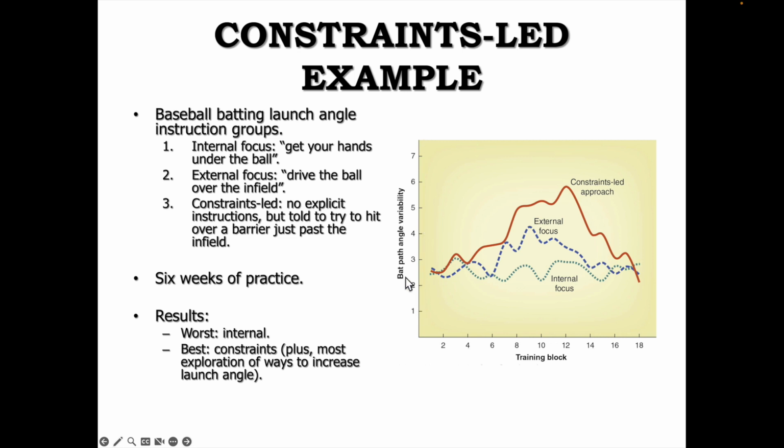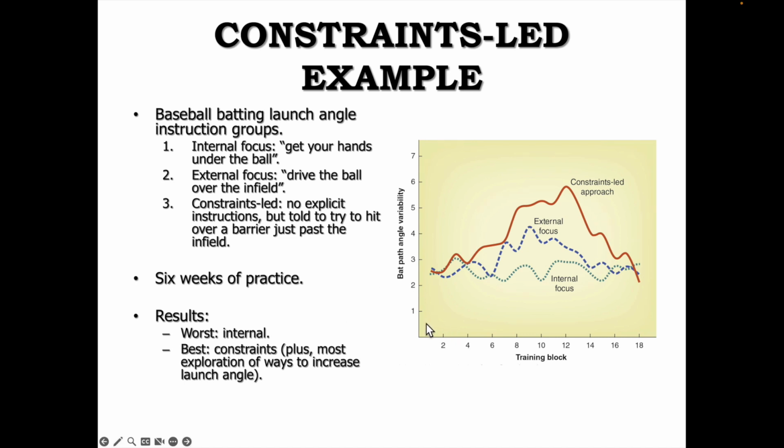On the y-axis is the bat path angle variability, meaning how much of a difference did that bat angle go through? For example, if a line was at 1, that would mean the difference in the bat angles in their practice sessions was about 1 degree. Let's say they were swinging that bat at a 60-degree angle.